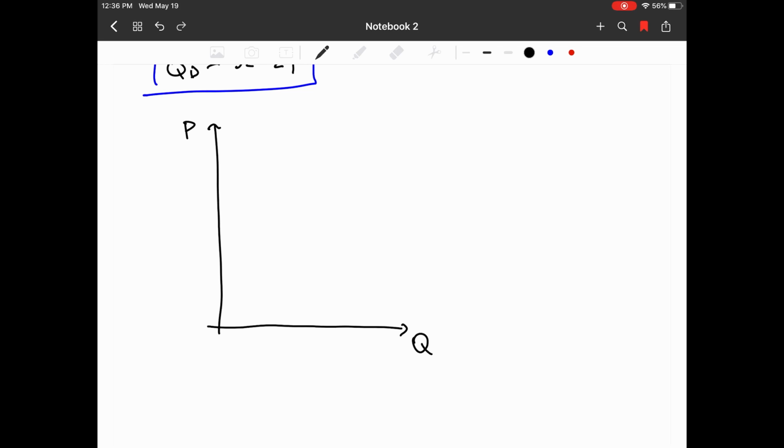This means that if you want to graph a demand function, it's often convenient to solve for price as a function of quantity, where before we had quantity as a function of price. So to do this, we solve for what we call the inverse demand function, which is just a function returning price as a function of quantity.